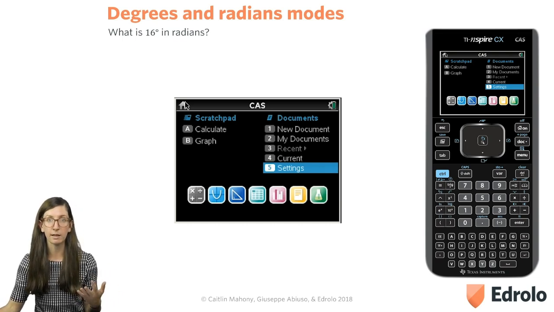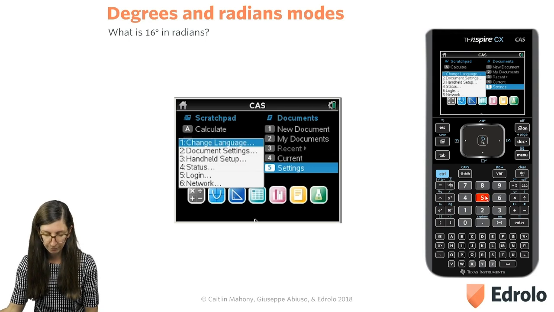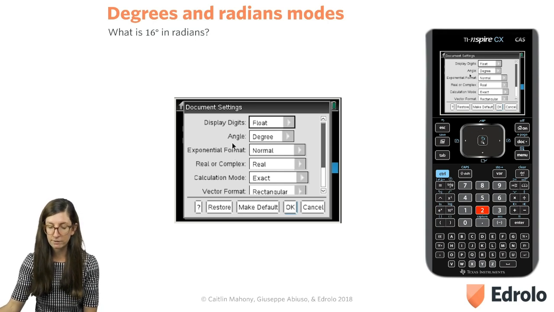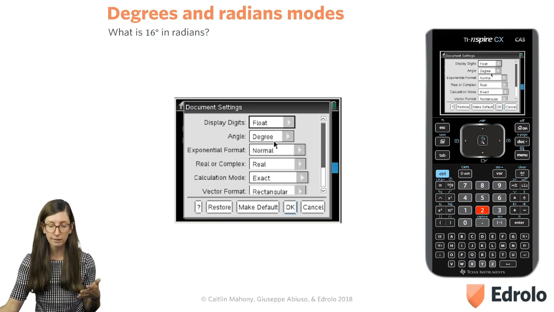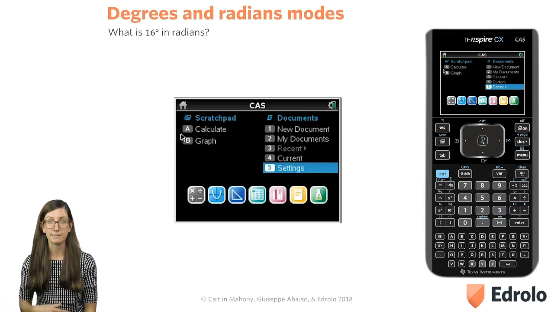Do this with me, and if it is wrong, then we'll fix it now and you will have no problems later. So we're going to go into the settings, number 5, document settings, number 2. And what you want to check here is the angle. So here you can see that the angle is set as degrees. That's incorrect. We want to change that to radians. So here we go, radian, okay, and it's as easy as that.